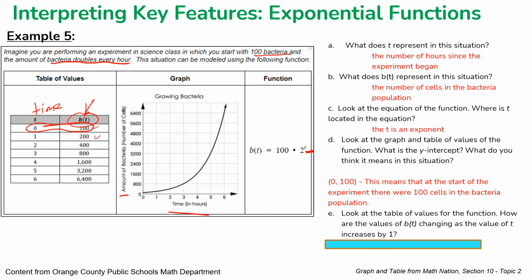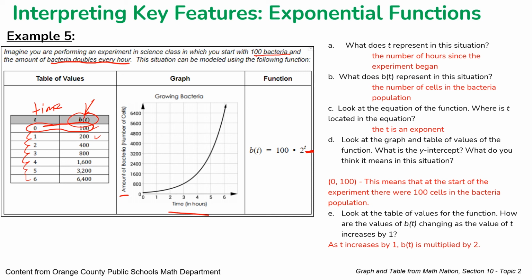All right, and last, E, it says, look at the table of values for the function. How are the values B of T changing as the value of T increases by 1? So if you notice, it increases by 1 for our value of T. What happens? T increases by 1, B of T is multiplied by 2.